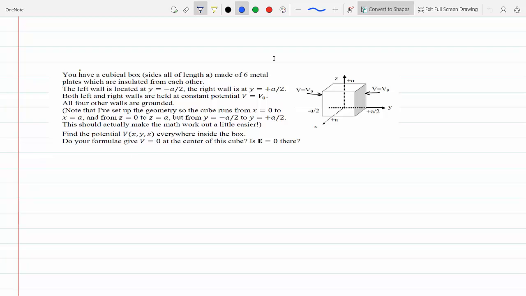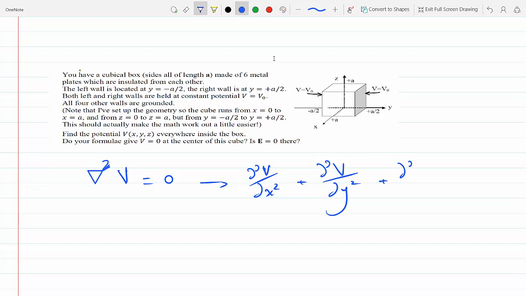So we're going to be solving Laplace's equation, the Laplacian of V equals 0, which makes d squared V over dx squared plus d squared V over dy squared plus d squared V over dz squared equals 0, right?